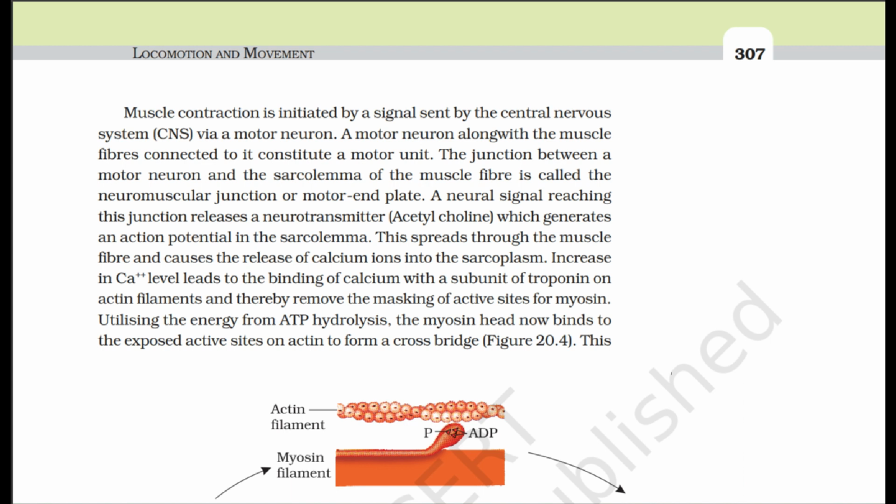This spreads through the muscle fiber and causes the release of calcium ions into the sarcoplasm. Increase in calcium ion level leads to the binding of calcium with the subunit of troponin on actin filaments and thereby removes the masking of active sites for myosin. Utilizing the energy from ATP hydrolysis, the myosin head now binds to the exposed active sites on actin to form a cross bridge.